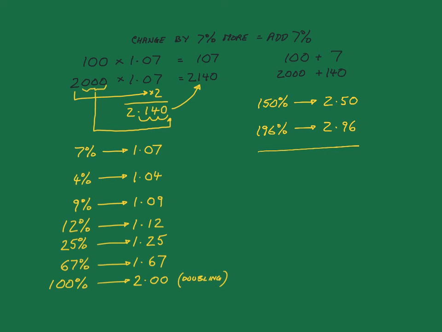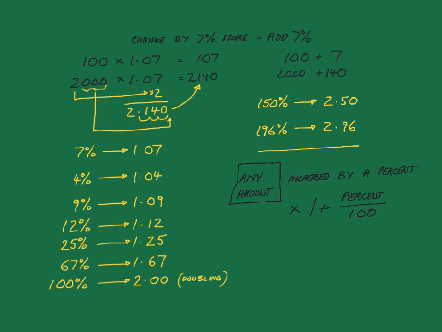So, if I have any amount at all, and I want to increase it by a percent, I just multiply by 1 plus whatever the percent is over 100.